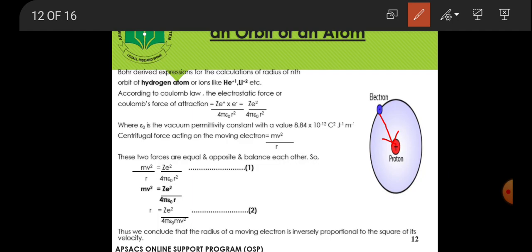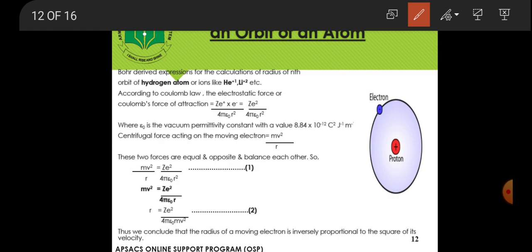Centrifugal force is also acting on the electron in the outward direction, and this centrifugal force on the moving electron is equal to mv square over r. Both these forces are equal and opposite and they balance each other.